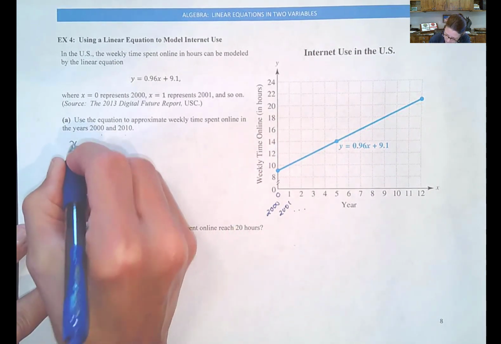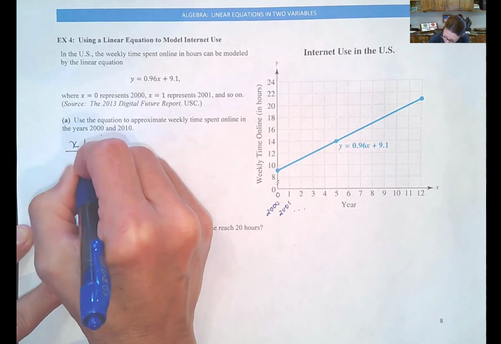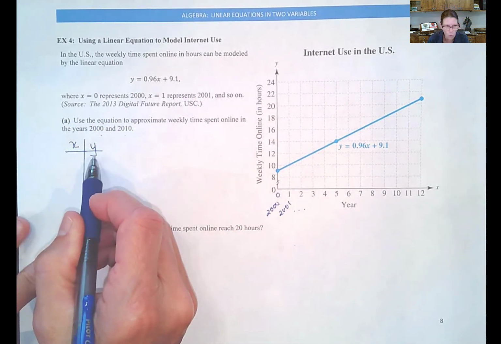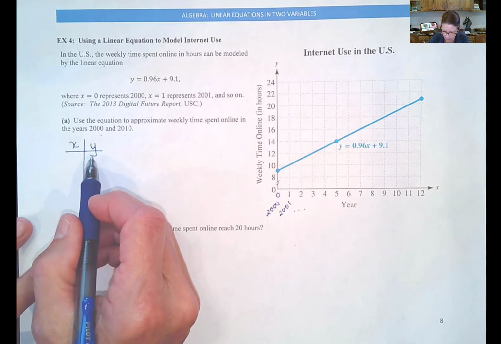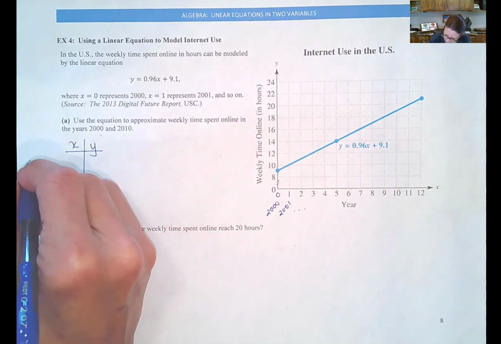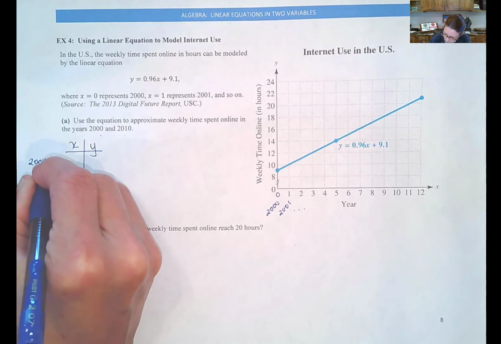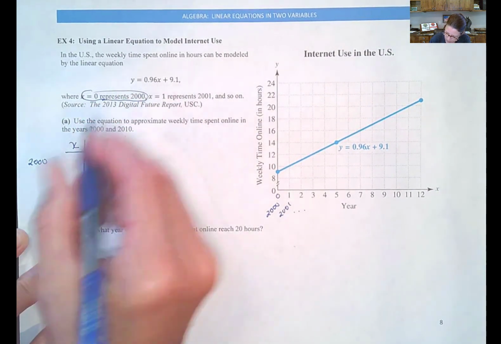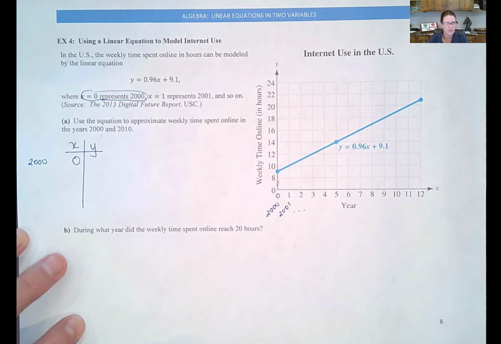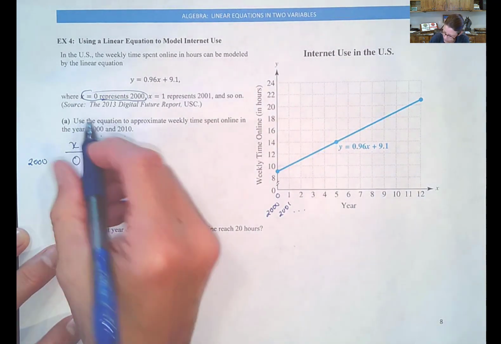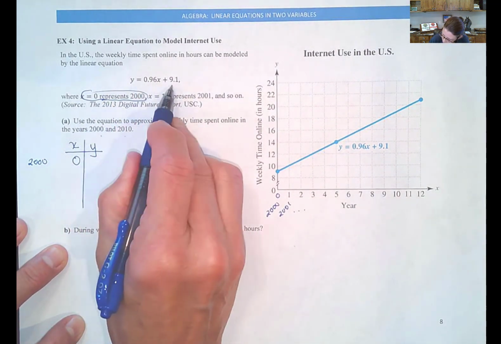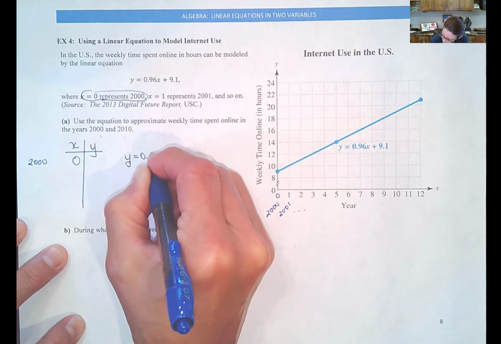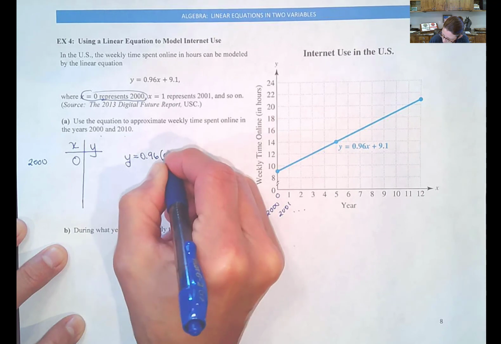So you might think of things here in terms of a t-table if you'd like, where x represents year and y is the time spent online. Now the year 2000, okay, remember that x equals 0 represents the year 2000, doesn't it? Okay, and so let's use our equation. In our equation, replace x with 0.